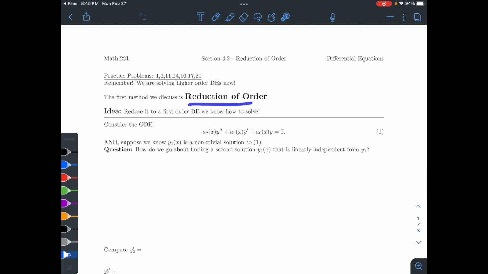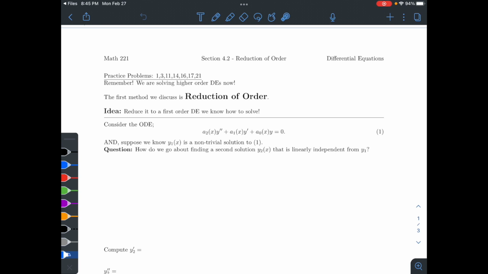The idea of how reduction of order works is that it takes this second order differential equation and reduces it down to a first order differential equation, which we already know how to solve using the integrating factor method, right? We find our mu of x is equal to e to the integral of p of x, and that whole thing.